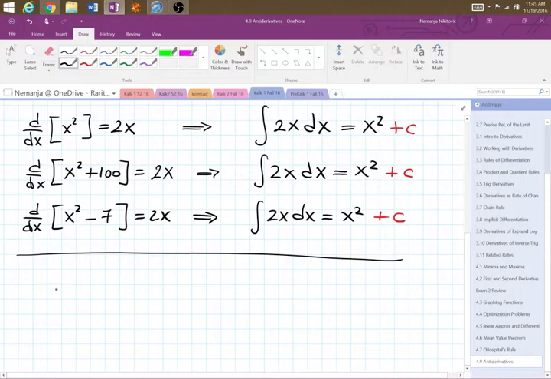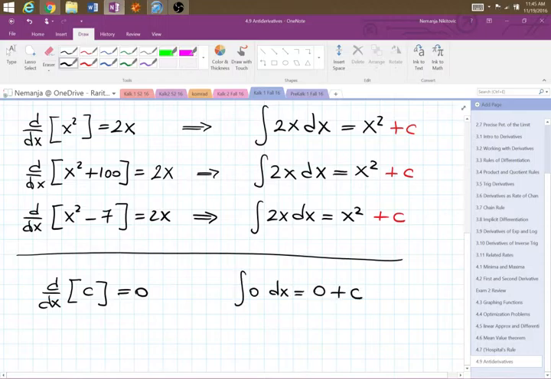So you have that the derivative of a constant is equal to 0. Integral of 0 dx is 0 plus c. So c.